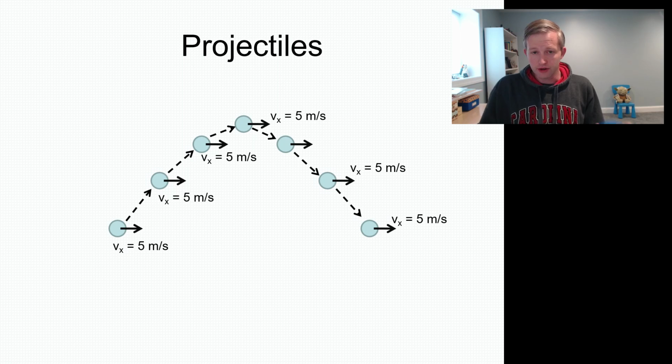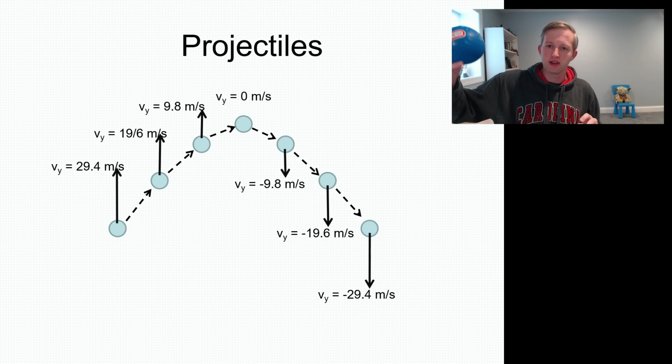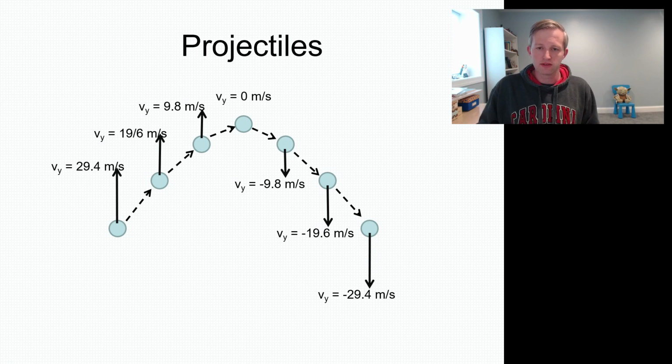Putting these two things together, you see the x velocity constant in the direction to the right. The y velocity starts positive, becomes less, 0, and then continues to become less, more in the negative direction. And just a quick note, it seems like something has changed at the middle here because we went from these positive velocities to the negative velocities.